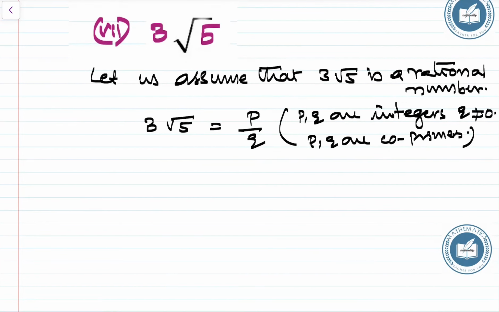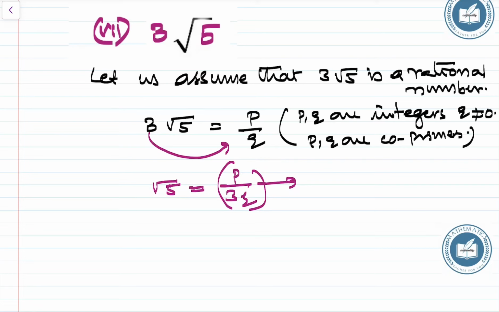Right? So this is a very easy problem. We just have to transpose 3 from left to right. Transposing 3 from left to right, it becomes a denominator. So we can write root 5 equal to p upon 3q. Here you see p upon 3q, for all the values, becomes rational.